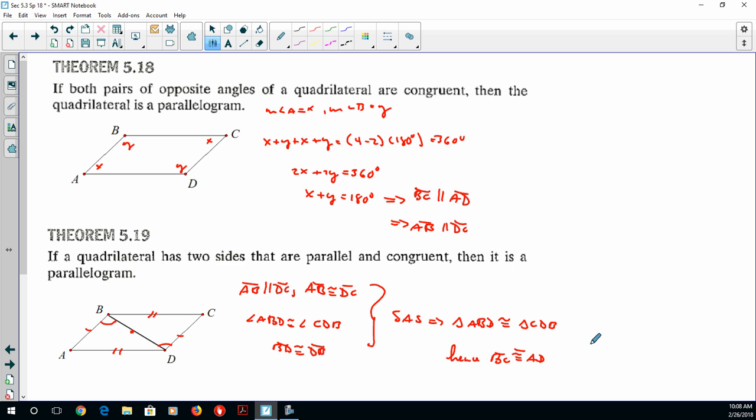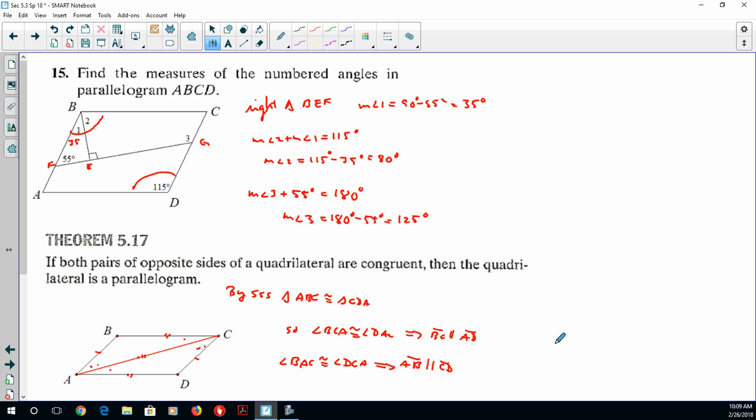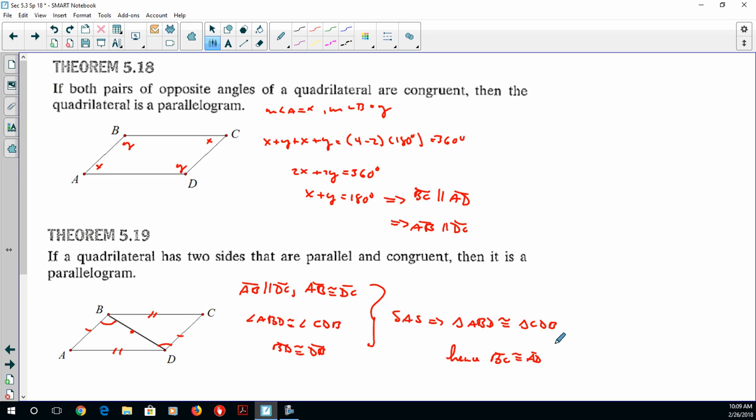Okay, and if both pairs of opposite sides of a quadrilateral are congruent, the quadrilateral is a parallelogram. By 5.17. There we are.